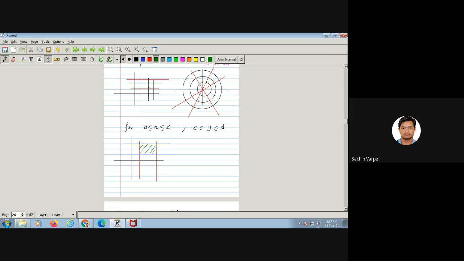Let us now check what this combined region maps to under this transformation, e to the power z.